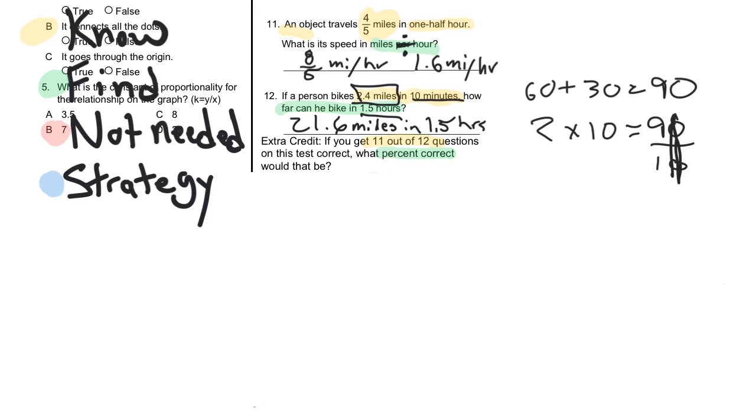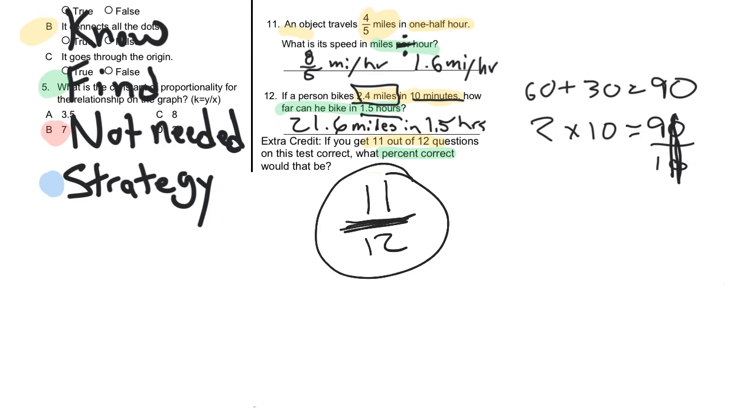But how do you normally see the amount you got versus the amount of questions on a test? Well, I always see them like this, 11 over 12. Well, there's my clue. What is that? It's division, right? We're not in percent yet.